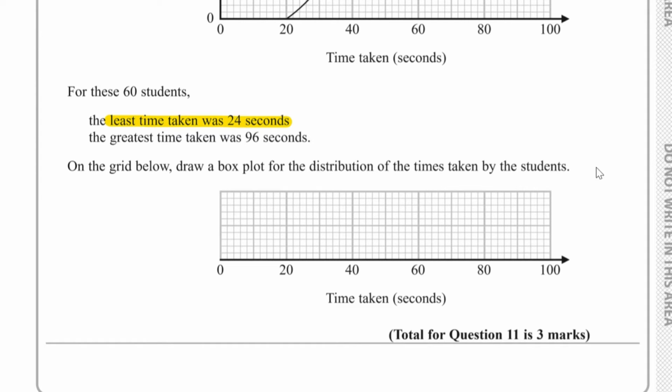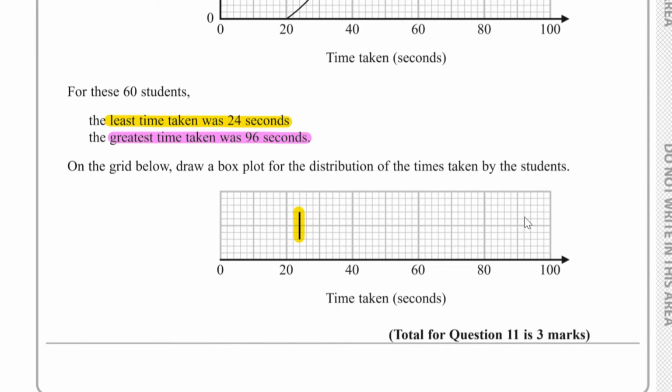So we would have to draw a vertical line down at 24, and that would be over here. So this would correspond to the least time. Then we know that the greatest time is 96 seconds.